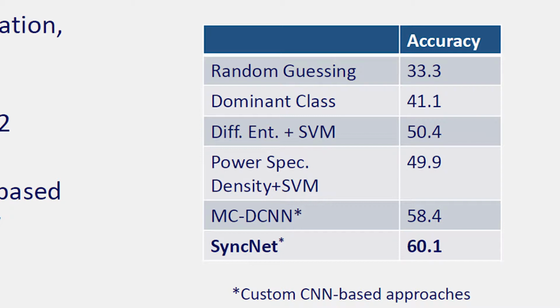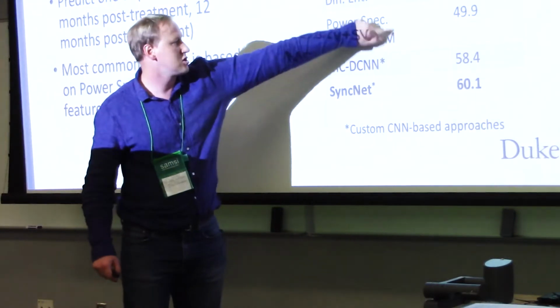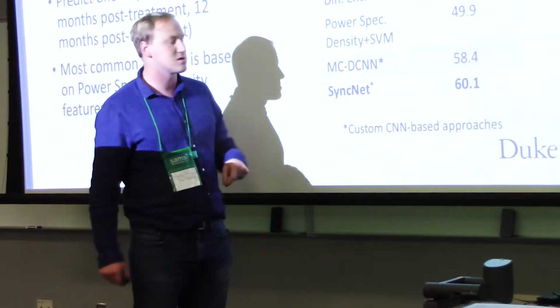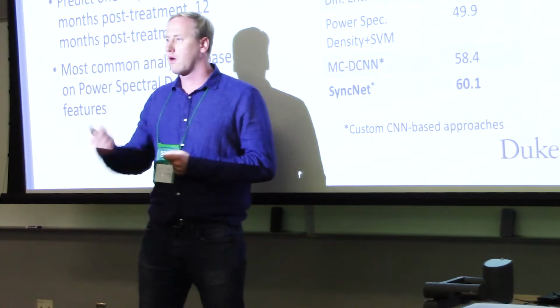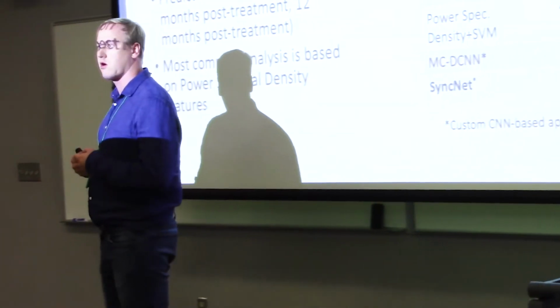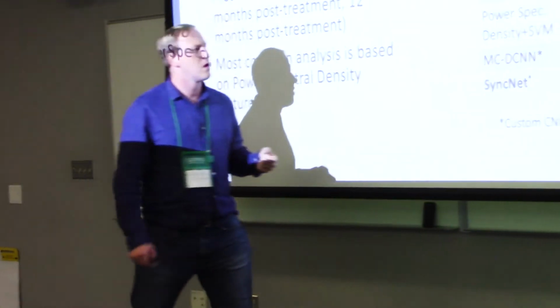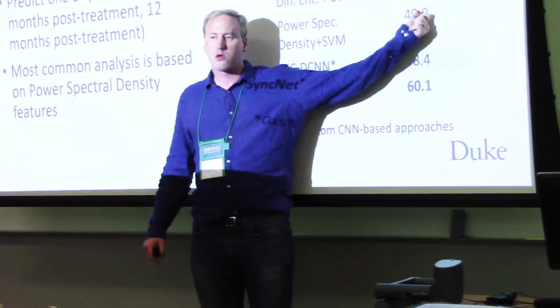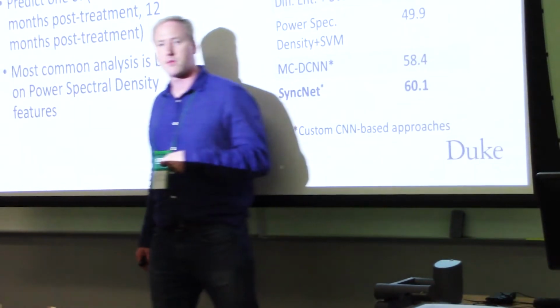If you just guess the dominant class, we have some dropout where we missed either a 6-month or a 12-month measurement for some individuals, so guessing the dominant class, which is baseline, gets 41% accuracy. If you use these traditional approaches with power spectral density, and combine it with a kernel SVM, you do decently well. You get significantly above random guessing or baseline.